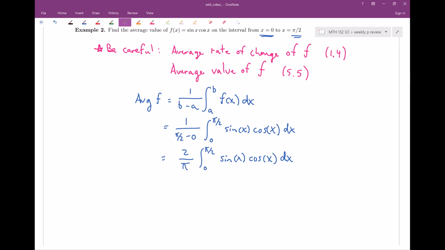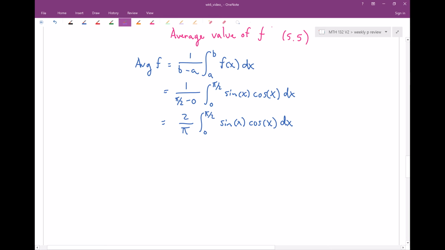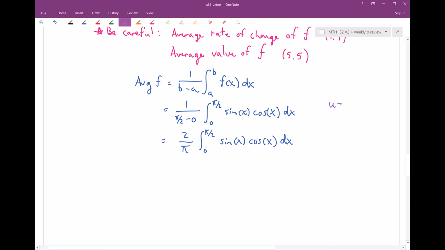In this case, I said the good rule of thumb would be U should be your inside function, but as I look here, there doesn't seem to be any inside function. There's sine and there's cosine, and both of them seem to be outside functions.